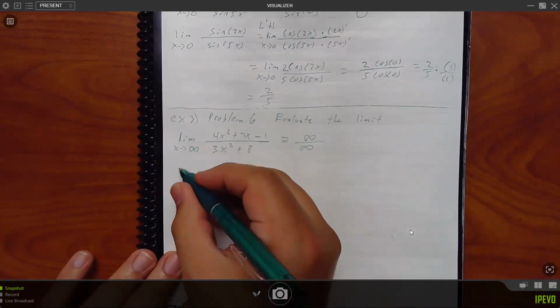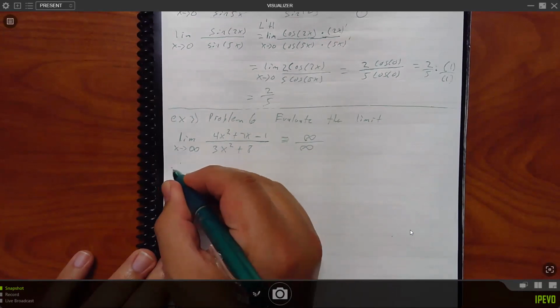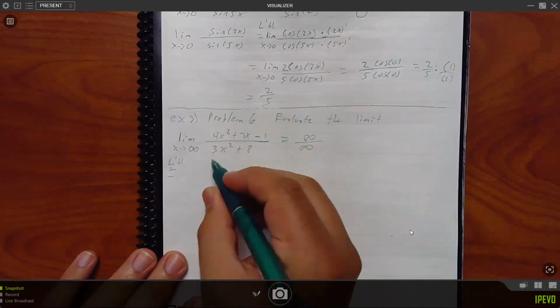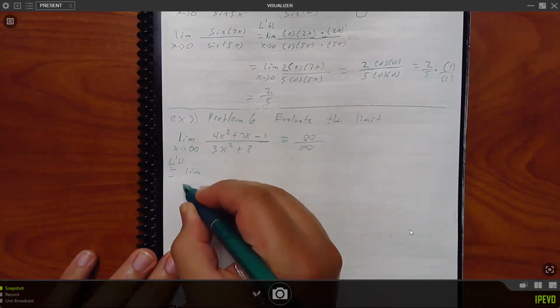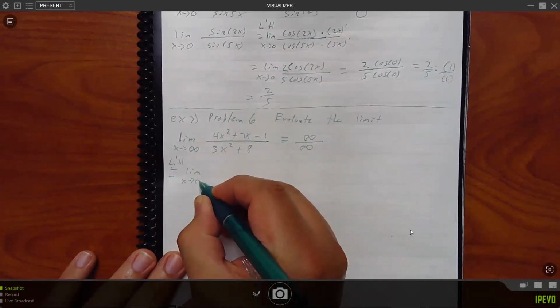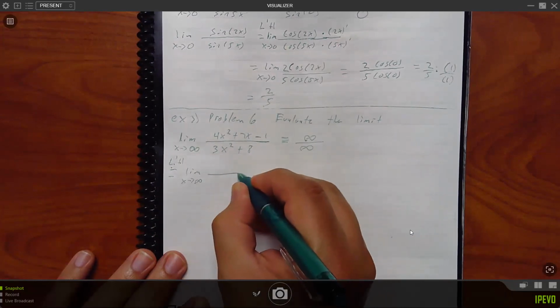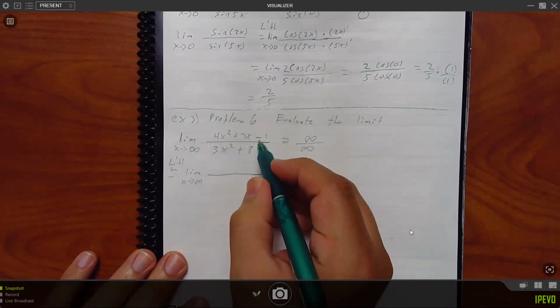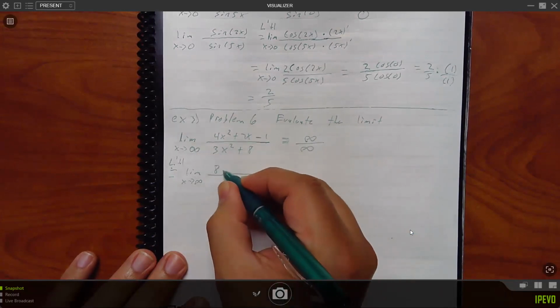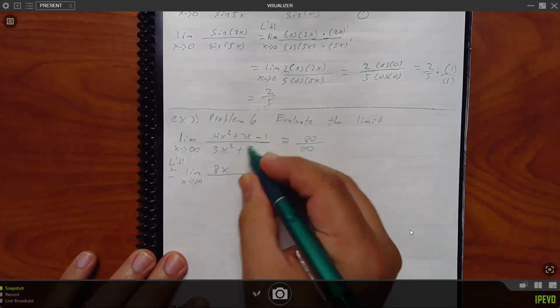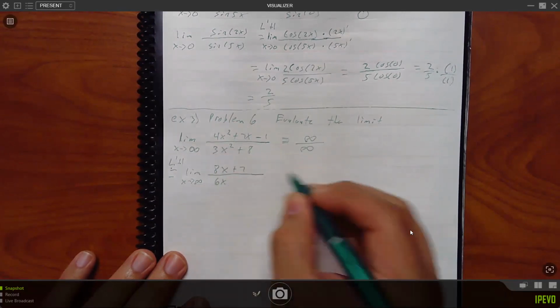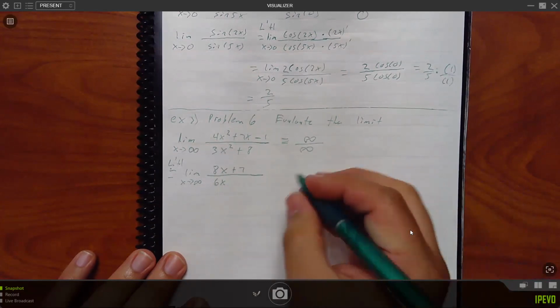So if we do L'Hopital, that means you take the derivative of the top and the bottom. So this will be simply 8x plus 7 over 6x plus 0.